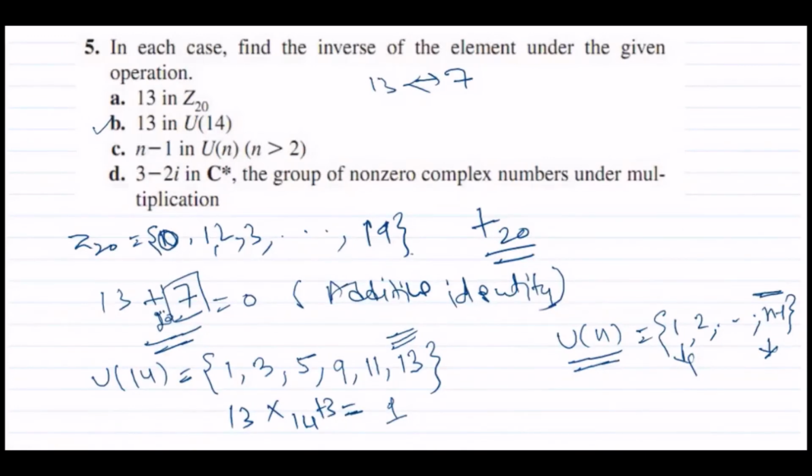As we all know here, 13 into 13 will give us 169, and then divided by 14, when we divide by 14, it will give us remainder 1. So 13 is self-inverse.